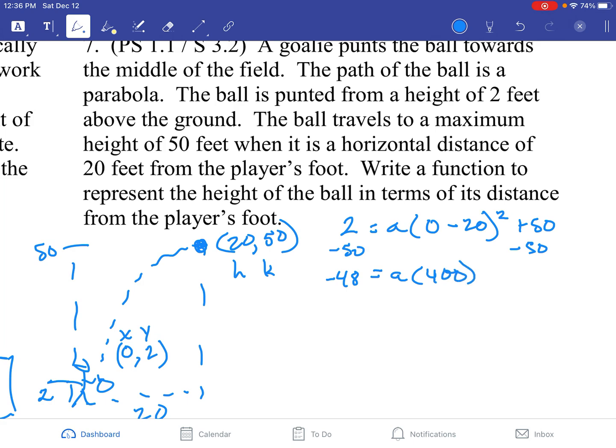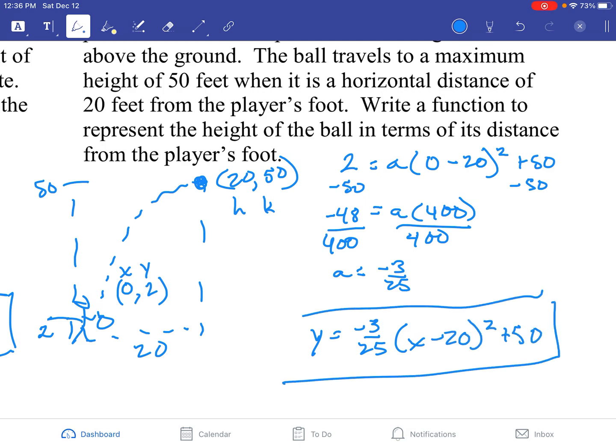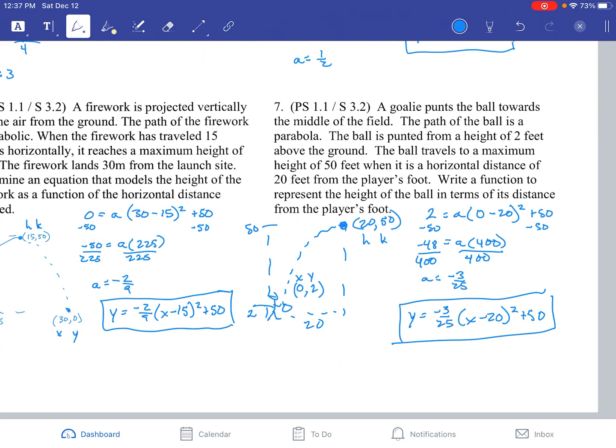And negative 48 divided by 400, a will equal negative 3 over 25. Rewrite our equation. Y is equal to negative 3 over 25 times x minus 20, quantity squared, plus 50. And that is the equation of our ball being kicked.